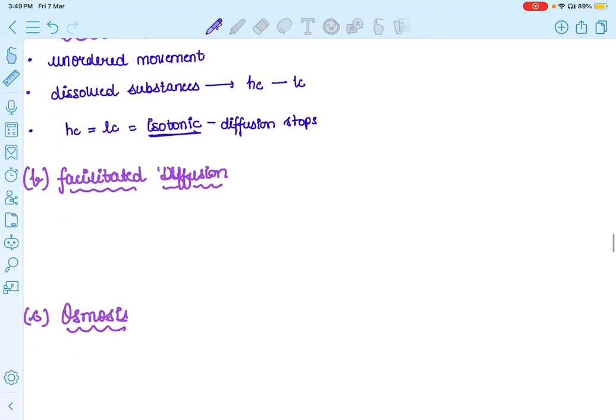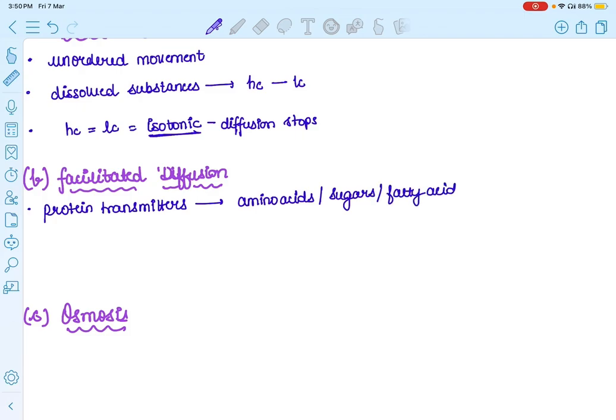Similar is facilitated diffusion, but in a different case. Diffusion means dissolving of substances, but facilitated diffusion is meant for some specific substances. These specific substances are protein transmitters, which means it will only transport amino acids, sugars, and fatty acids from higher concentration to lower concentration.